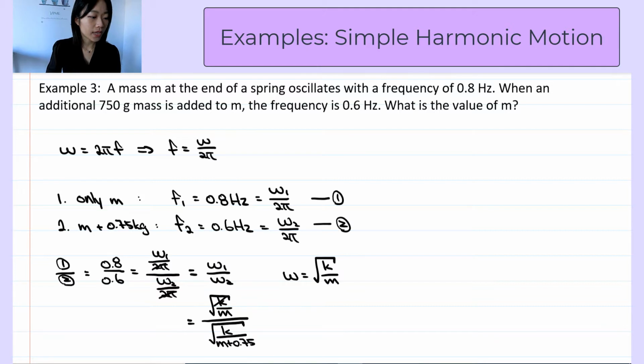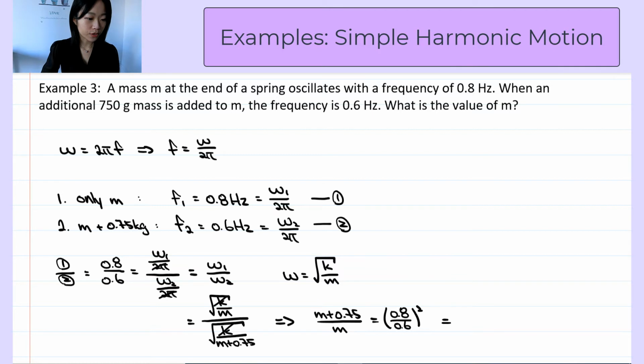The square root of k can be cancel each other out. Now let's take the square on both sides. We have m plus 0.75 divided by m, and it equals to 0.8 over 0.6 squared.